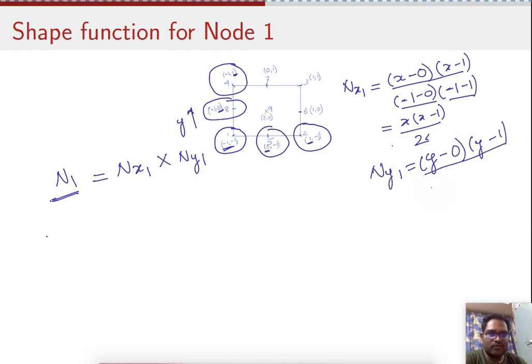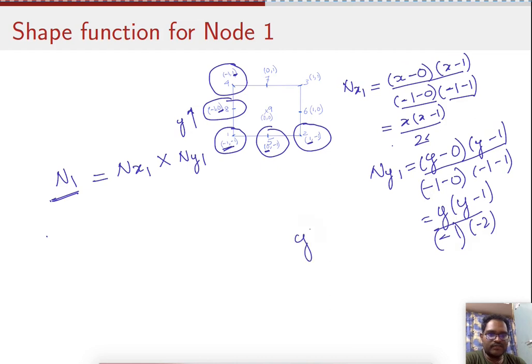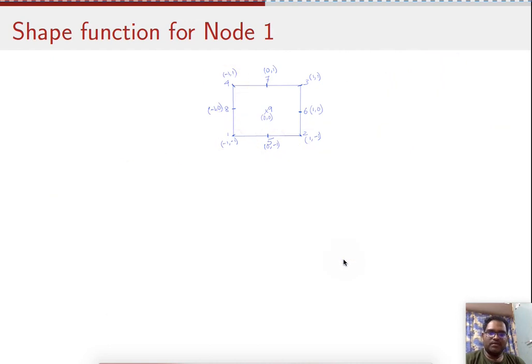Similarly, the value of y over here is minus 1 minus 0, minus 1 minus 1. Put together, you'll have y into y minus 1 divided by minus 1 into minus 2, or just y into y minus 1 divided by 1 into 2, or just 2 as a whole. So this is what we'll be doing over here.